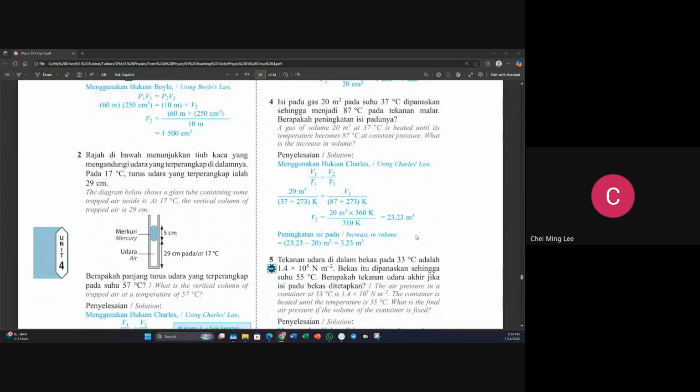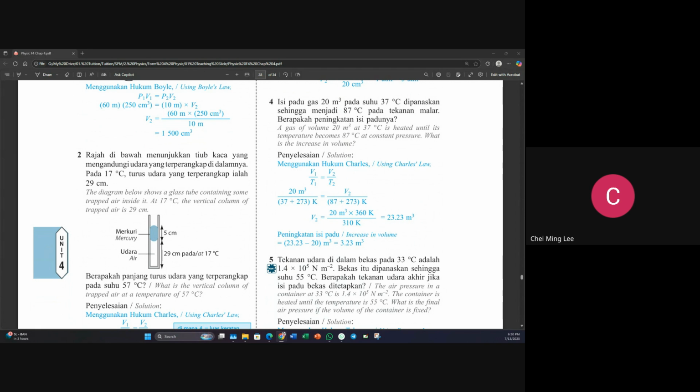Now, a gas of volume 20 meter cube at 37 degrees Celsius is heated until the temperature becomes 87 degrees Celsius at a constant pressure. What's the increase in volume? It involves volume and temperature, so we use V over T, which is Charles' law. V1 over T1 equals V2 over T2.